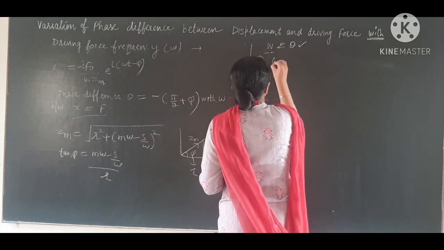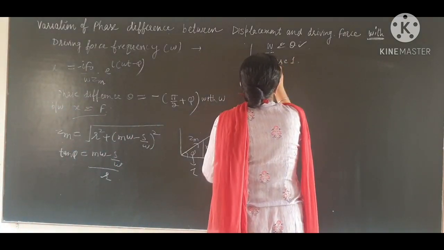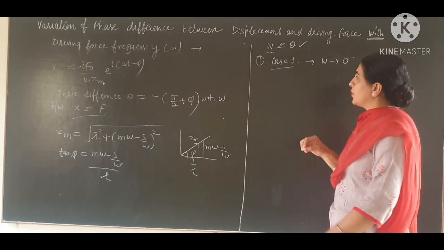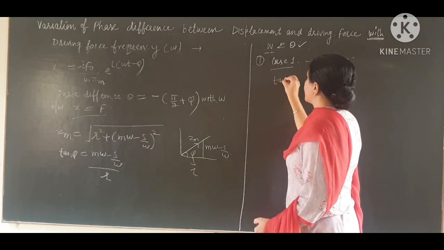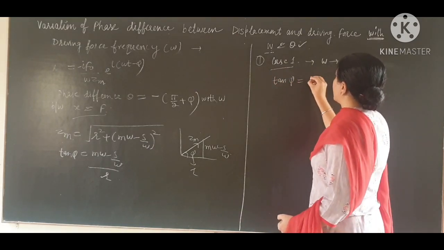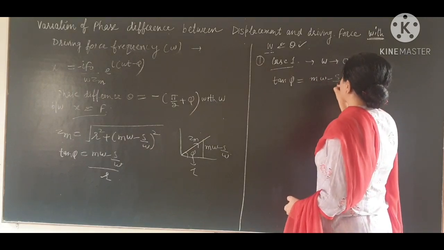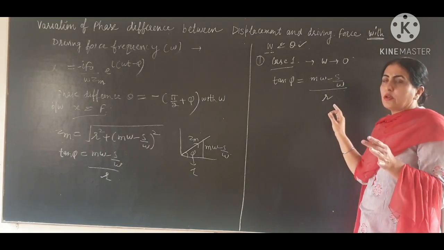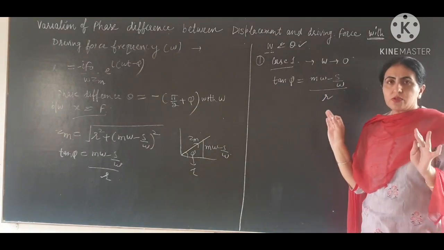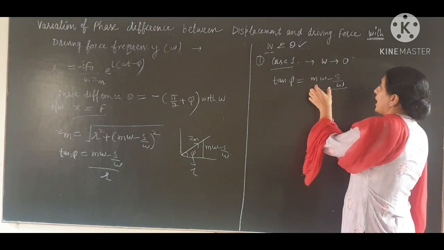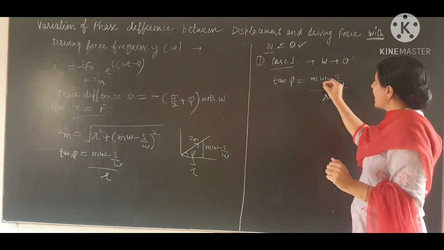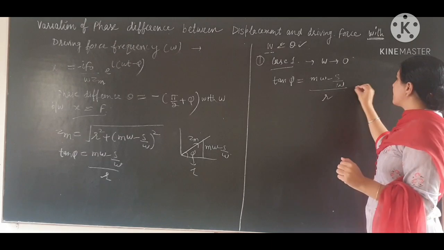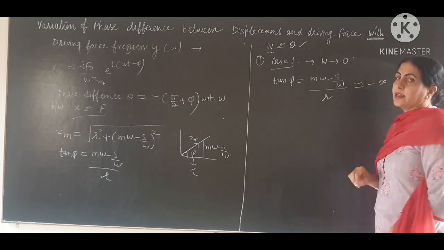Case first: take omega approaching 0. What about tan phi? Tan phi is equal to m omega minus s over omega, divided by r. You can skip r because its value is very small in comparison to these values. So we pay attention only to m omega minus s over omega. When omega is 0, m omega is 0 and s over omega becomes infinity, so this becomes minus infinity.